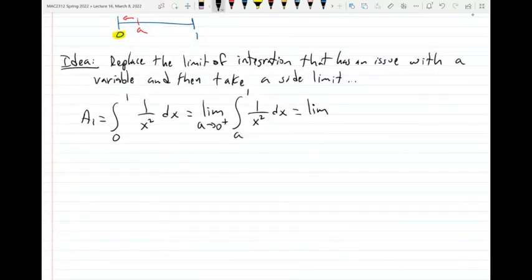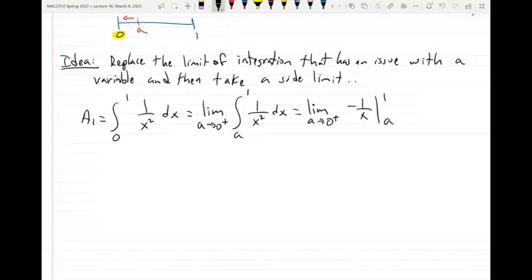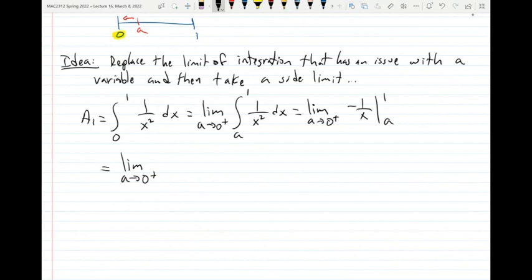So the limit as a approaches 0 from the right of -1 over x from a to 1. When you plug in 1, you're going to get -1, then plus 1 over a.